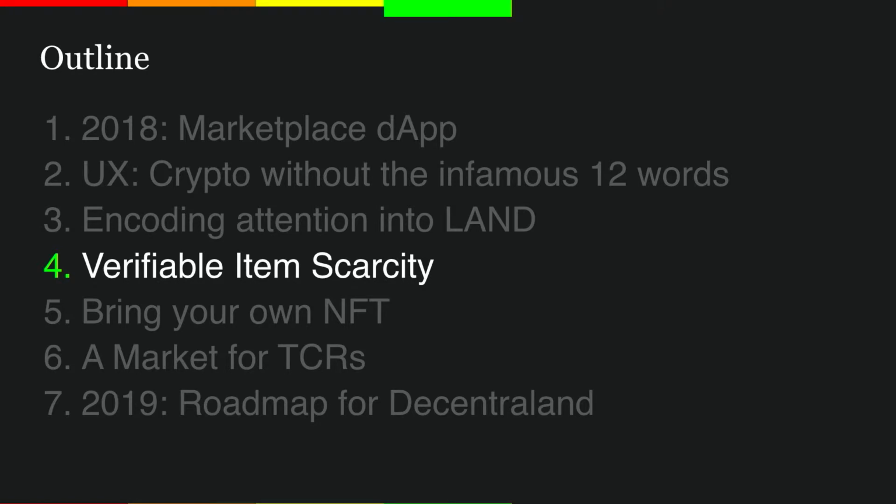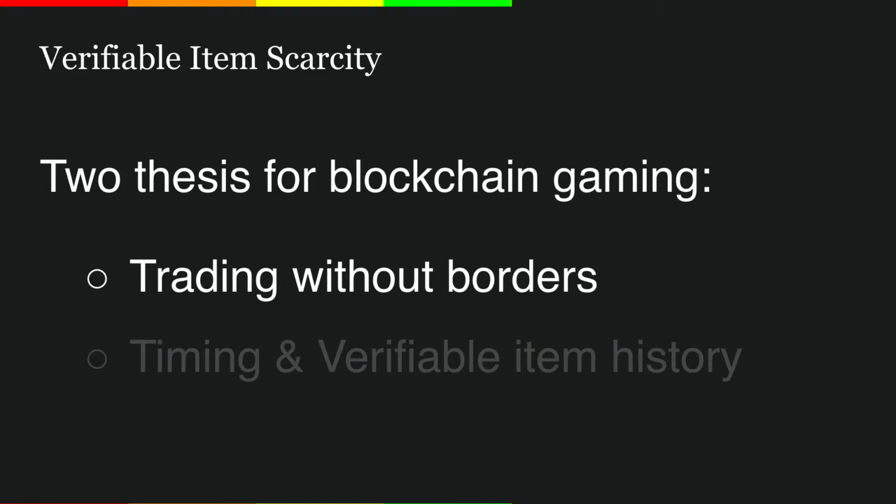Something that we're working on, some thesis within the blockchain gaming area, is that having items that can be automatically traded on OpenSea or in other open financial markets will allow a lot more economic activity.